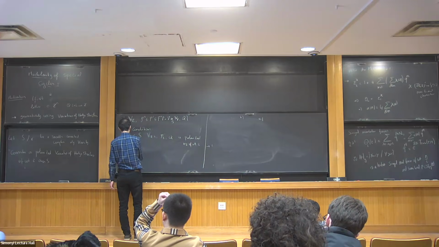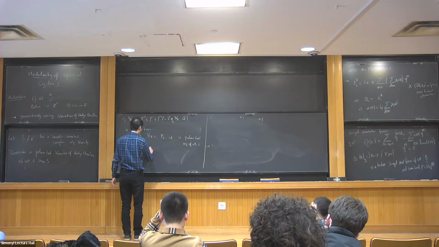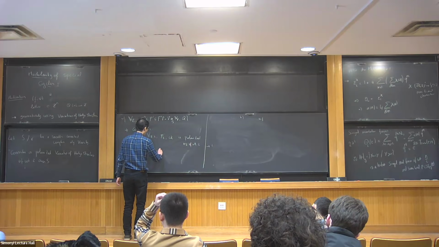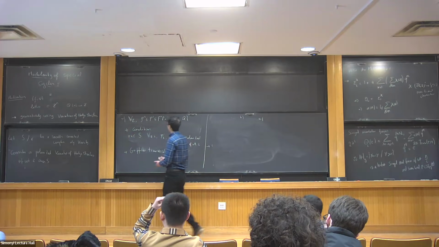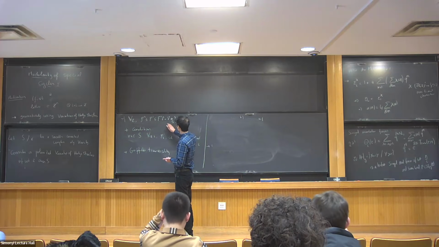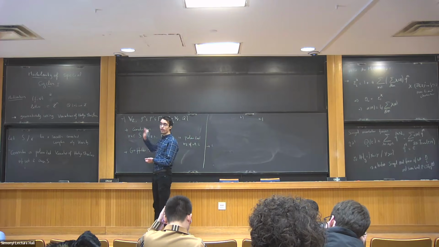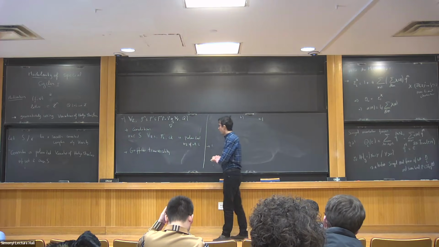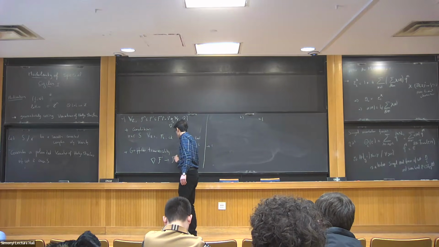And a Griffiths transversality condition, which is that this flat bundle has a connection, so sections are like complexified, and the way this connection shifts this filtration is by at most 1.